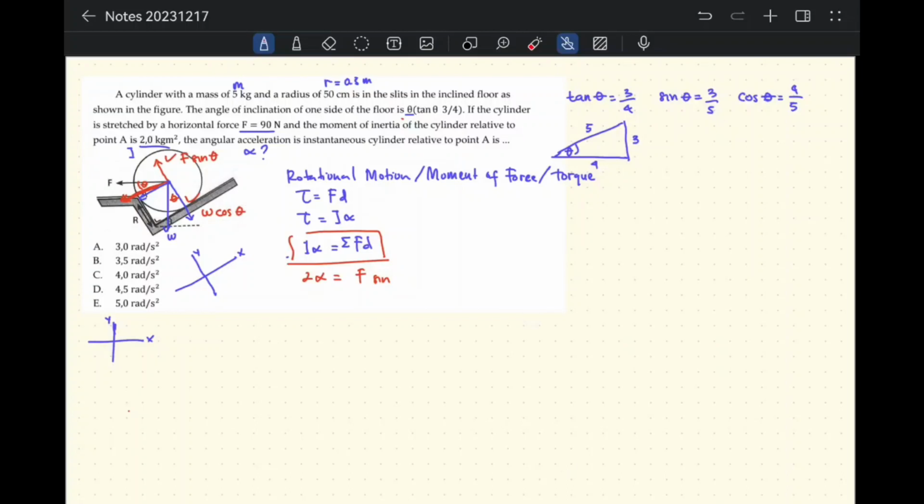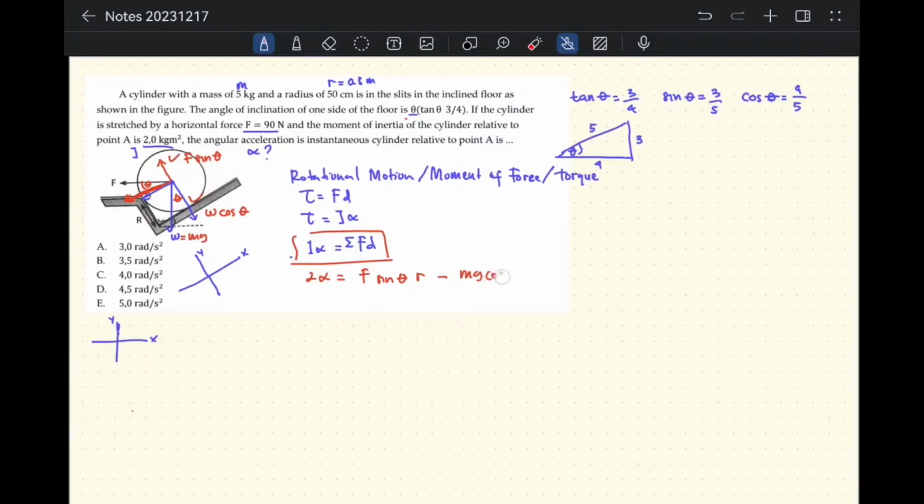F sin theta times distance. The distance is the radius, minus mg or W cos theta times radius. We have a negative sign here since the direction of mg cos theta is in the opposite direction.